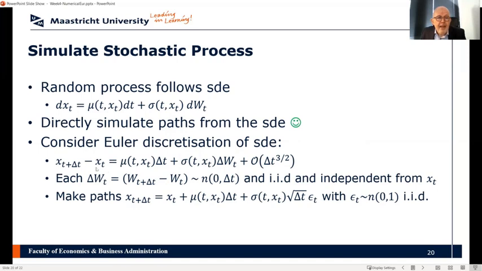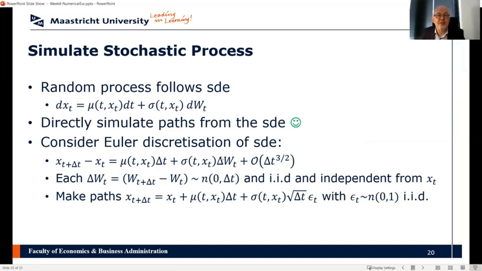So if I know that I am today at value X(t), I can push forward to value X(t plus delta t). Mu(t, X) is known at time t, sigma(t, X) is known at time t. So the only random term coming in is this Brownian increment.